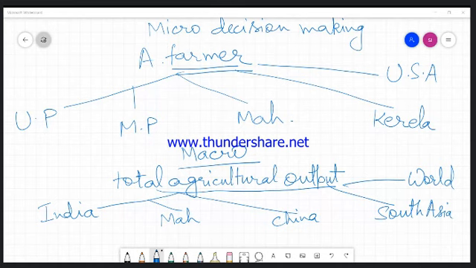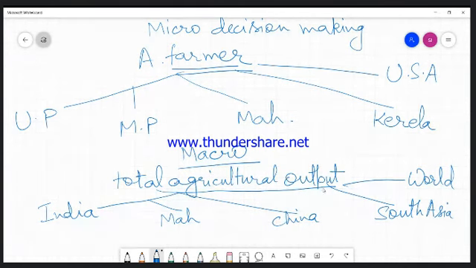Now you should try to understand that micro decisions are independent or dependent on a limited number of factors. But in case of macro decisions, the decisions are conditional upon several factors.